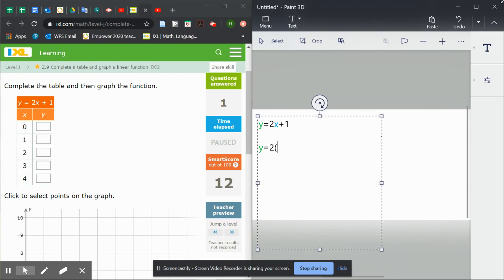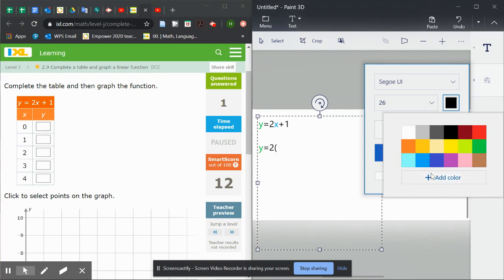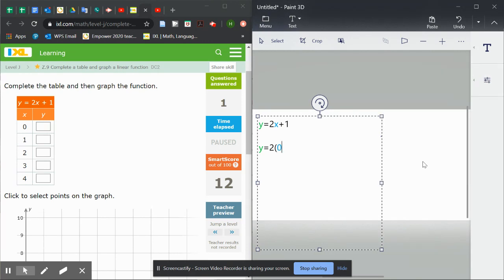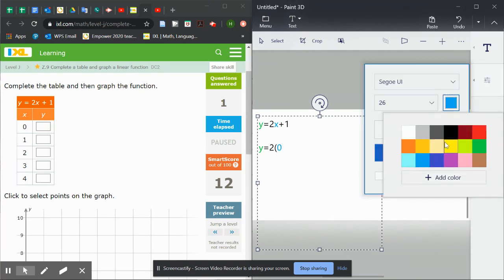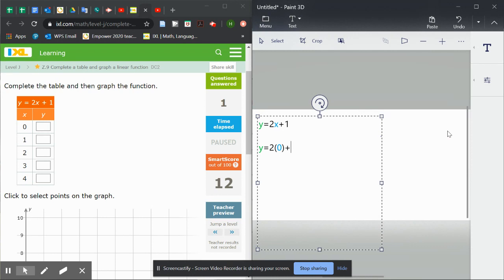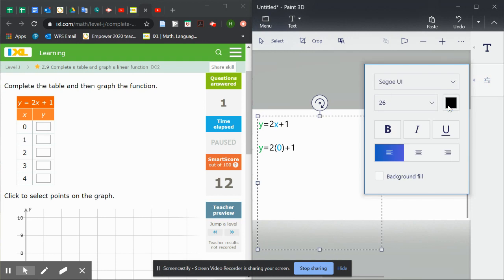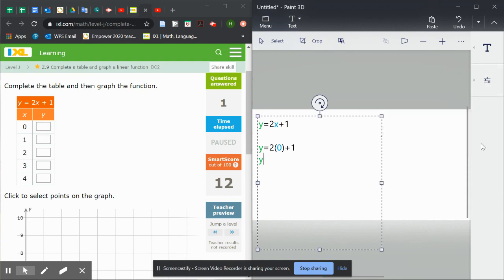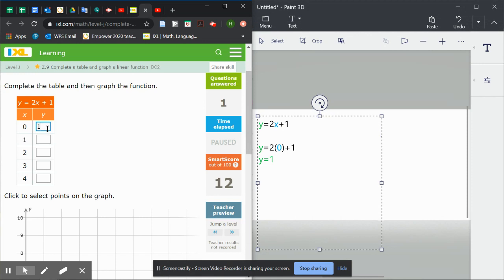And in this case, x is 0. So we're going to put 0, change colors, and then add 1. If you plug this in your calculator, we're going to end up seeing that y equals positive 1. So the first value that you're going to put in here is positive 1.